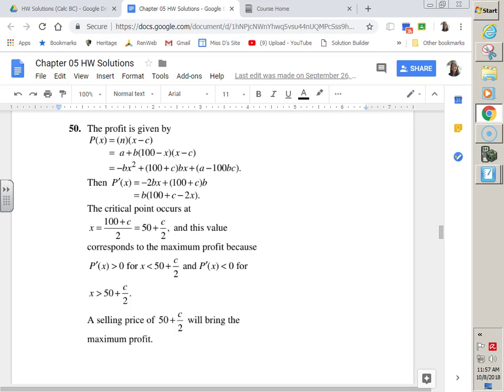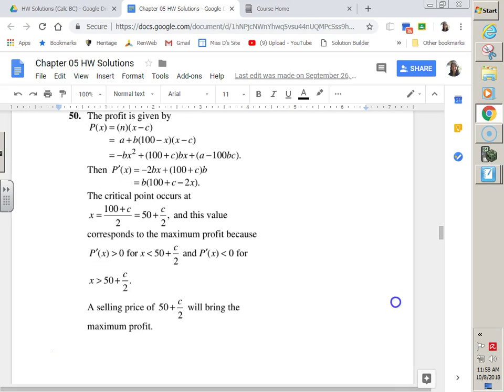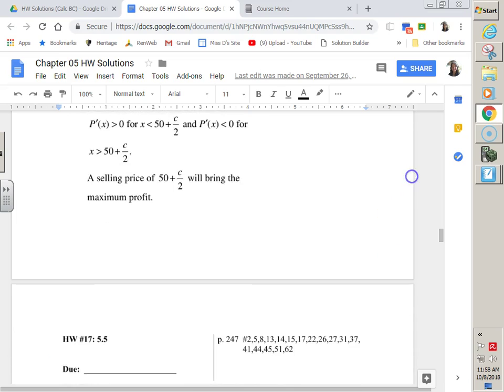That's going to be the same place as the maximum because of the simple sign chart. You could see the increasing and decreasing and realize what's going on before and after without going into economics at all. That's enough justification to say that will be the selling price of the maximum profit. But you definitely had to get that profit function and then take its derivative, remembering that a, b and c are all constants and keep track of those.